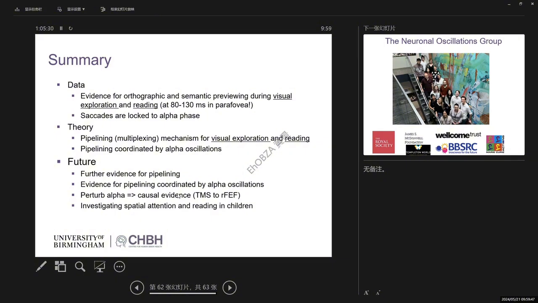So we hope to do perturbation of the frontal eye field with TMS or maybe ultrasound to investigate this. In the past, we have shown that if you do TMS to the frontal eye field, you disturb people's ability to modulate the alpha oscillations. And we would like to apply all this to investigate spatial attention, in particular reading in children.